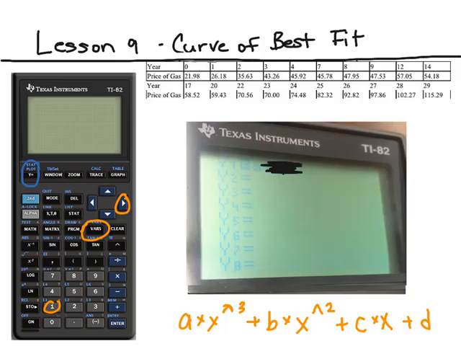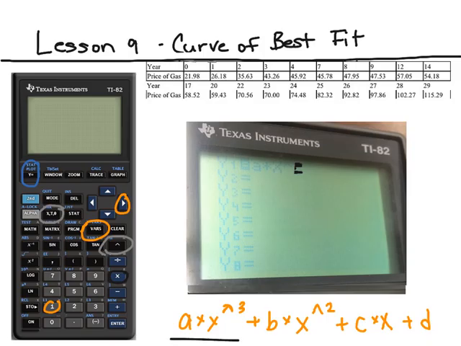So you'll have an a there. And now we need to type the rest of this, so we push the times button, and that will give you this little star. Then we want to push the X button, which is right here, and you'll get an X. And then the way we put in exponents on this calculator is this little hat symbol. That'll give you to the power, and then we do 3.